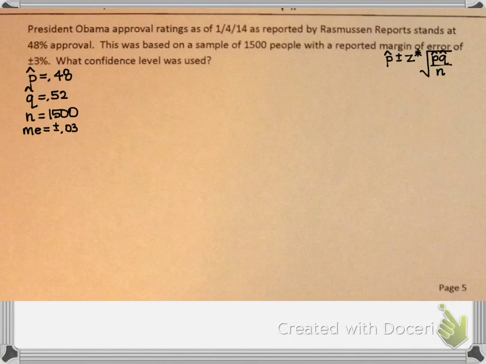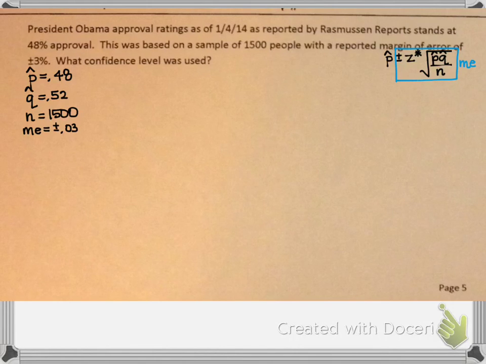Remember that where the Z star is, that whole plus or minus business, that is going to be the margin of error. So this whole thing right here, that's the margin of error.